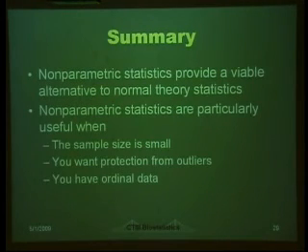To summarize, I think non-parametric statistics provide a viable alternative to traditional normal theory statistics. I would use them, and do use them, when the sample size is small, and when I want protection from outliers. Certainly use them when you have ordinal data.